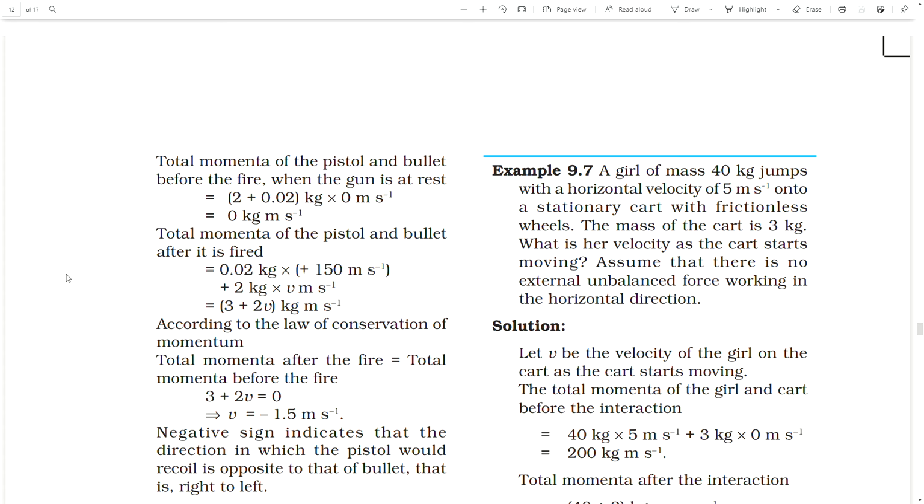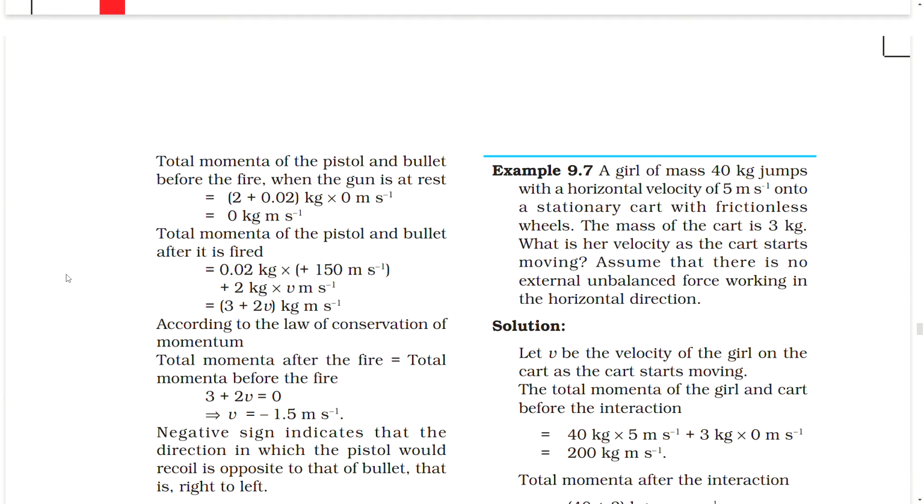Total momentum of the pistol and bullet before the fire, when the gun is at rest, equal to (2 plus 0.02) kg into 0 meter per second equal to 0 kg meter per second. Total momentum of the pistol and bullet after it is fired equal to 0.02 kg into plus 150 meter per second plus 2 kg into v meter per second equal to (3 plus 2v) kg meter per second.